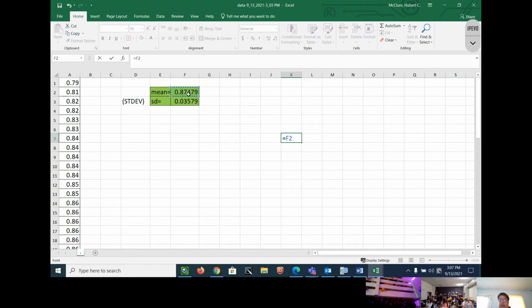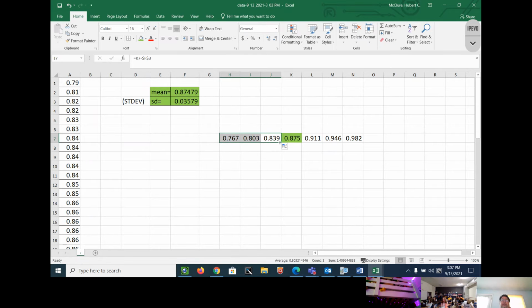So the mean goes in the middle. We add the mean plus the standard deviation, three standard deviations on the right, and we subtract, and that's three standard deviations on the left.